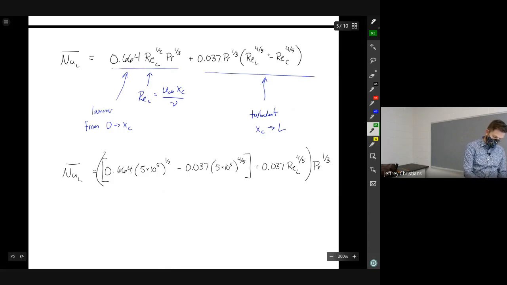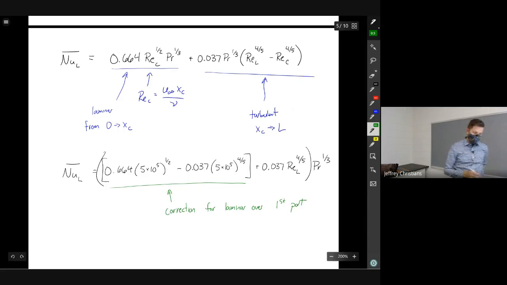So this becomes the correction for the laminar part over the first part of the plate, and it's actually just a constant.